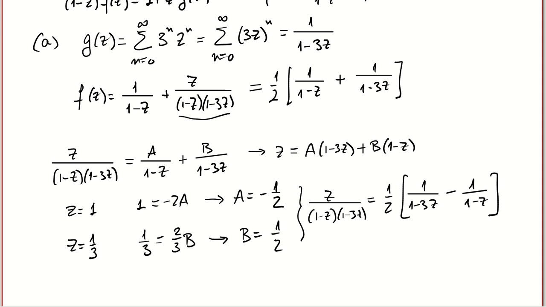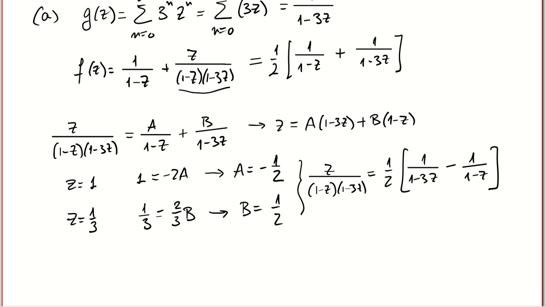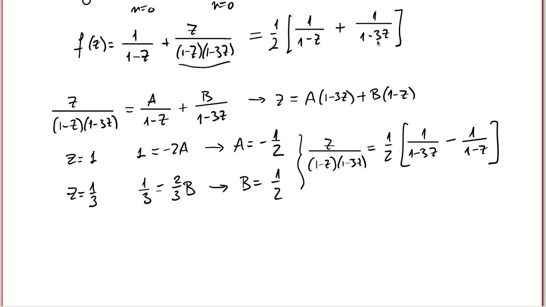And now what we have to do is expand this expression in order to identify the coefficients. But that is easy, because in both cases we have just the sum of the geometric series, so the expansion is straightforward.